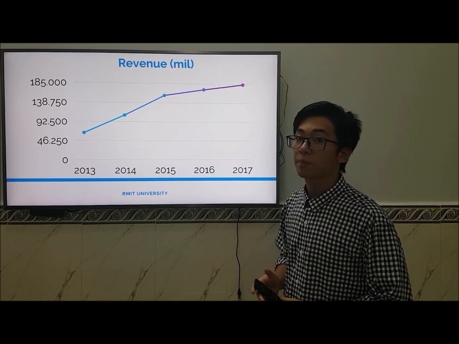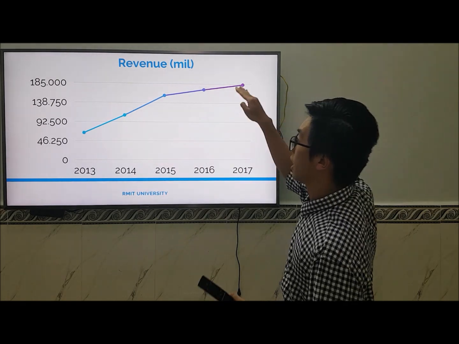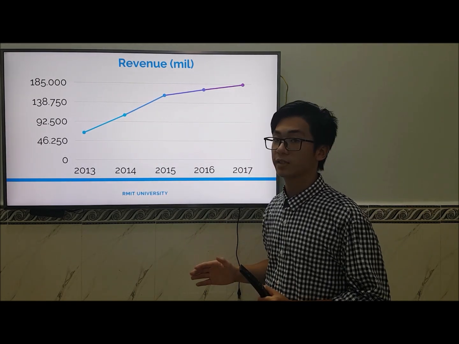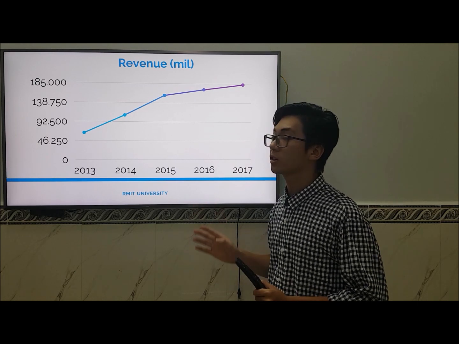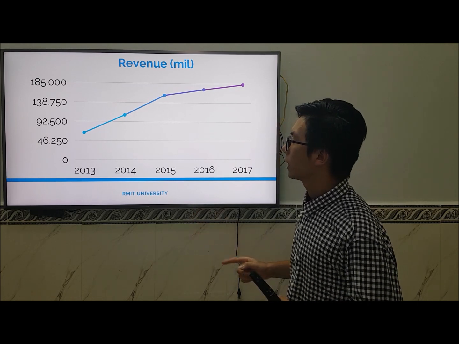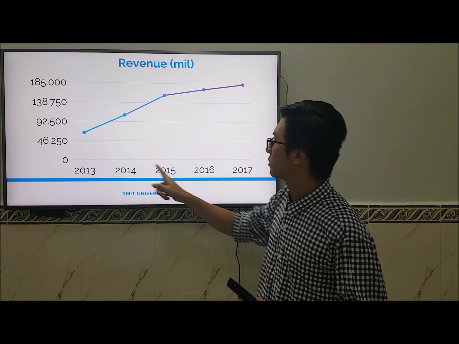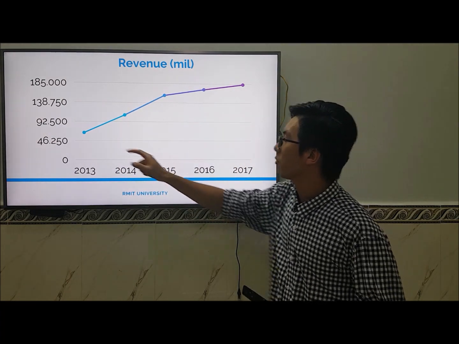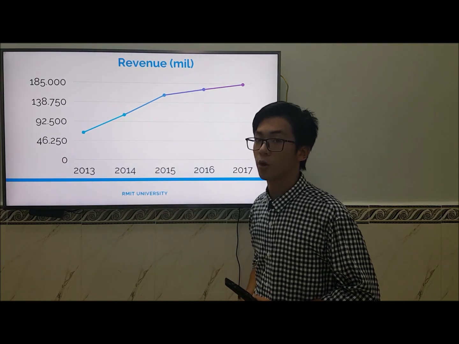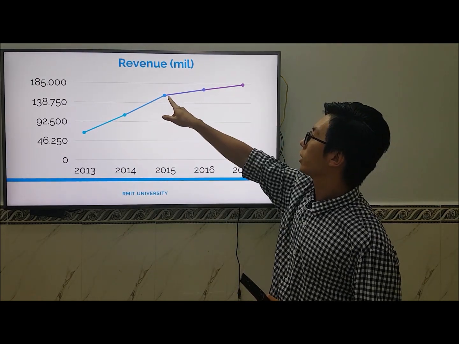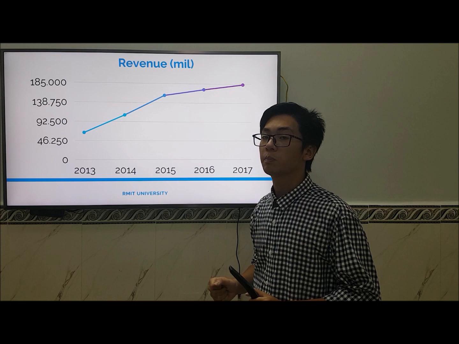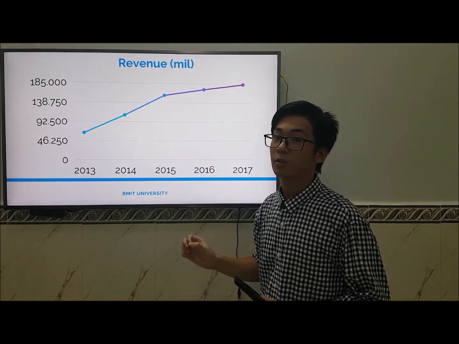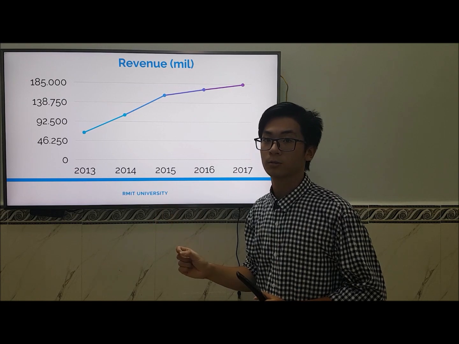Overall, Apple's revenue increased over time, but if we have a closer look, it was divided into two specific trends. From 2013 to 2015, the revenue increased significantly from $47 billion to about $150 billion. The gap is about $100 billion.